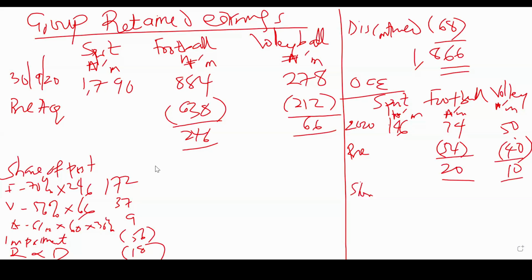Now, let me quickly share. Football, we get 70%. And that will be 14. Volley, we'll get how many? 56%. If we get 56 there, that will be 5.6. Round it off to 6.